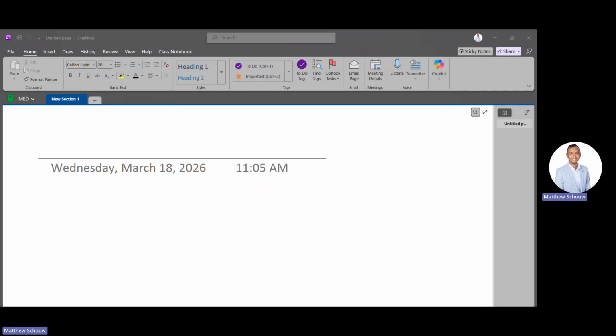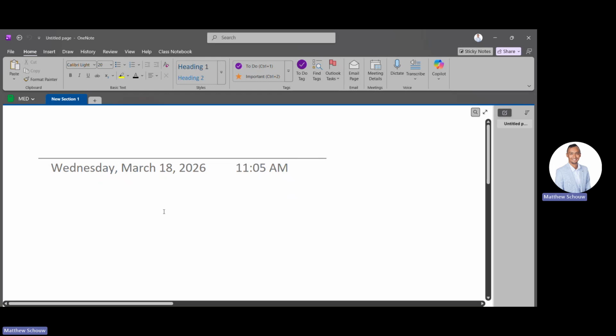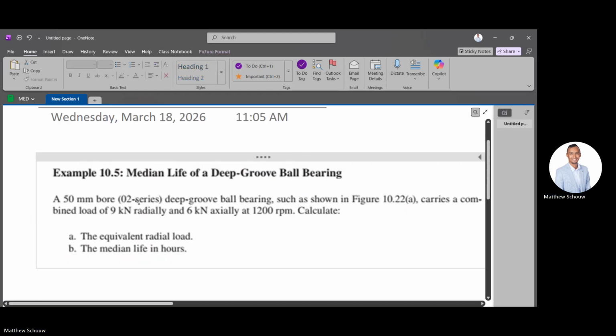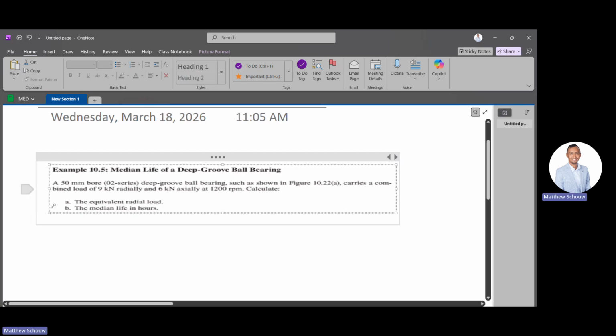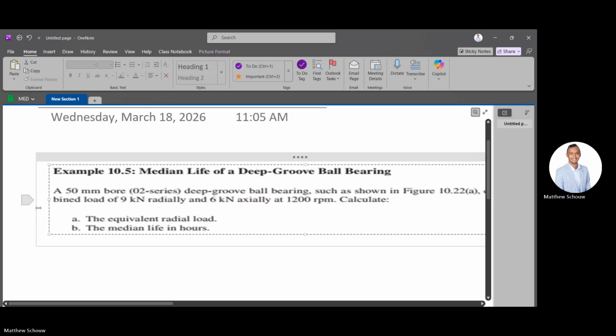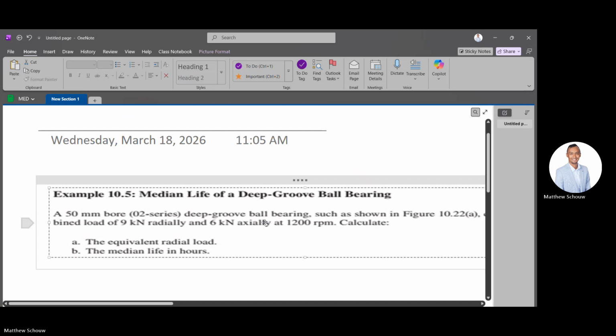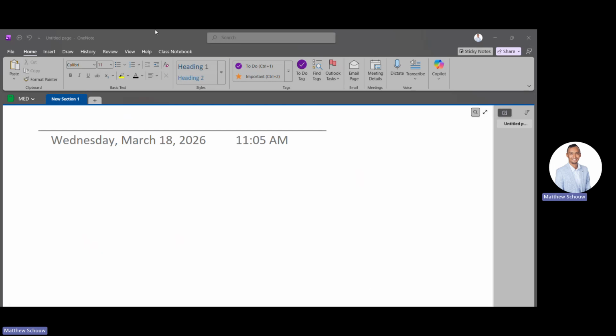So what we're going to try to do is solve this problem. It's in your textbook. It's not generated by me. Let's give it a go. Let me just go back to the textbook rather.